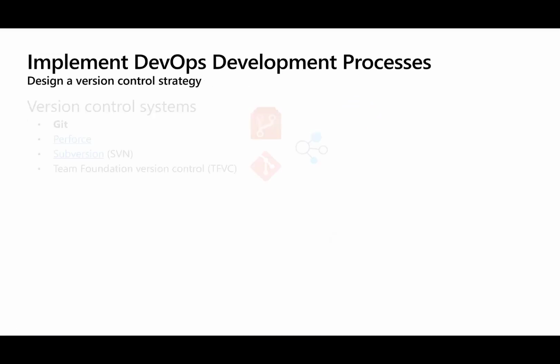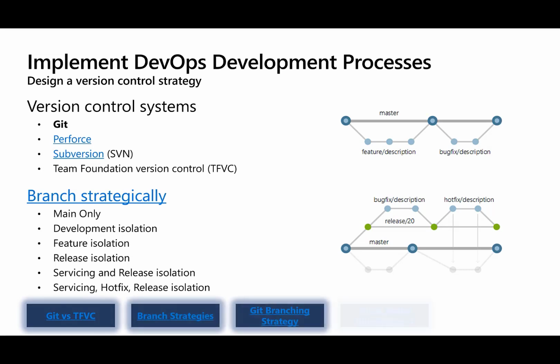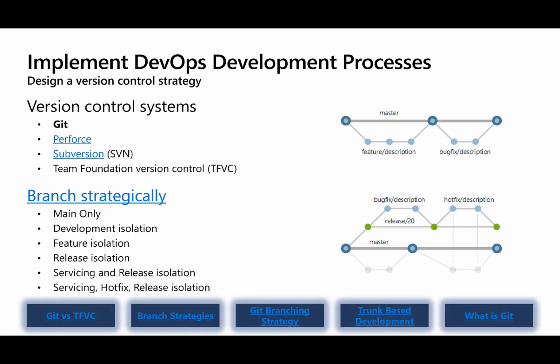Now back to version control. Already talked about it briefly, but what's important is knowing that the distributed model is based on Git, where the older model is Team Foundation version control, centralized. And you also need to figure out a branch strategy.